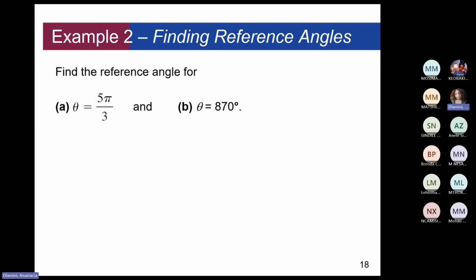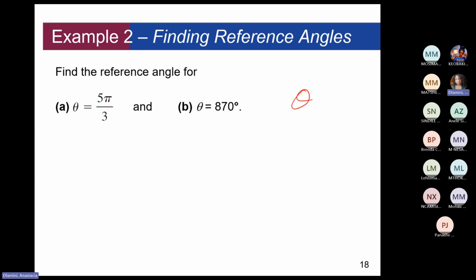Okay. Can someone give me the reference angle here? That is also 30 degrees. It's pi over 3. Yes, it is. We subtract multiples of 360. So it is 30 degrees.